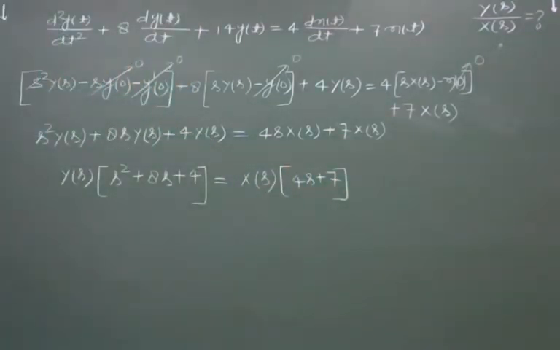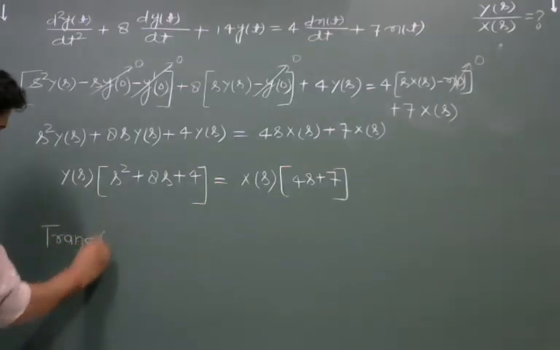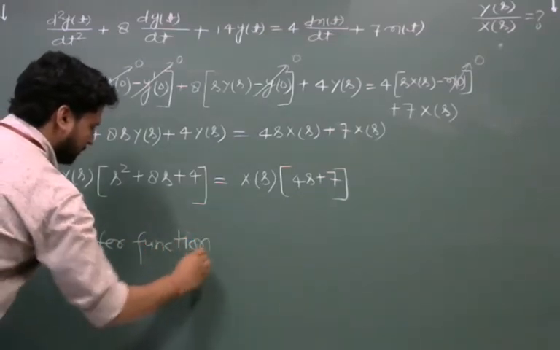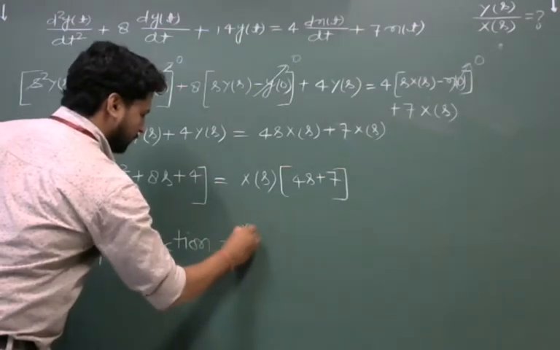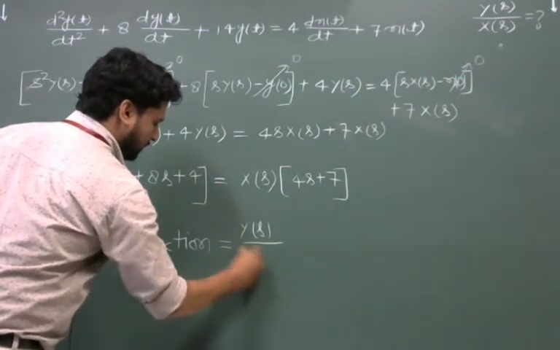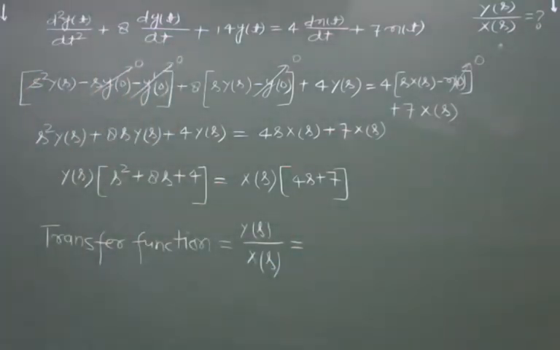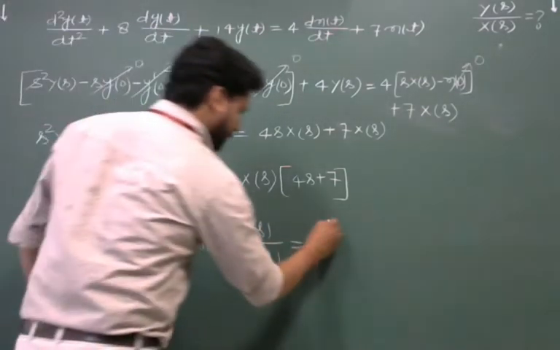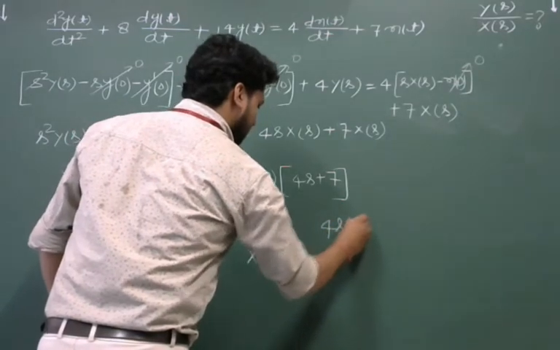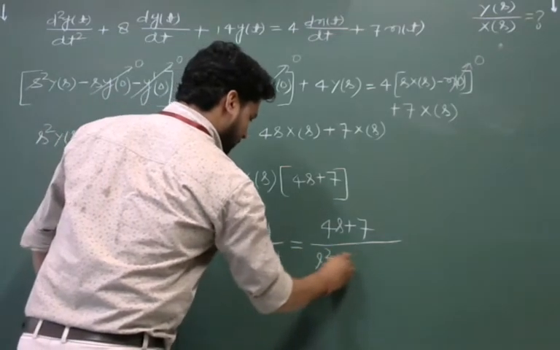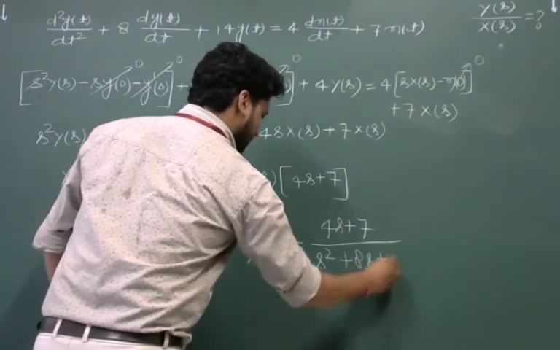Now the transfer function of the system is equal to Y(s) upon X(s), which will be equal to (4s plus 7) upon (s² plus 8s plus 14).